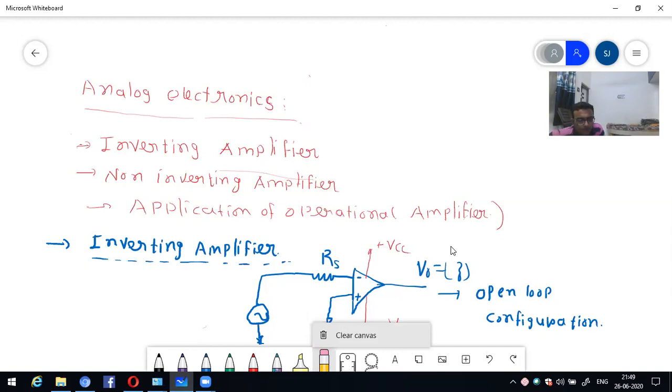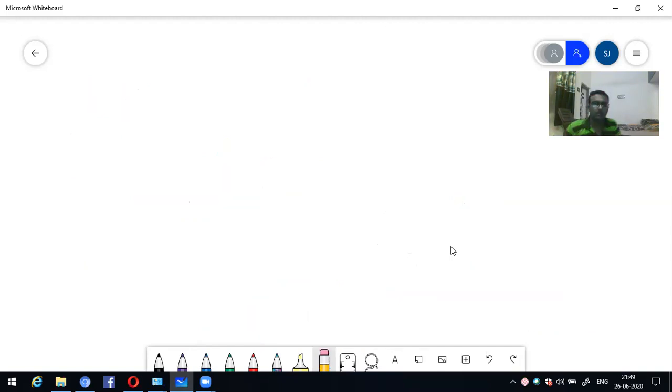Now, this is an inverting amplifier with open loop configuration. Means what?